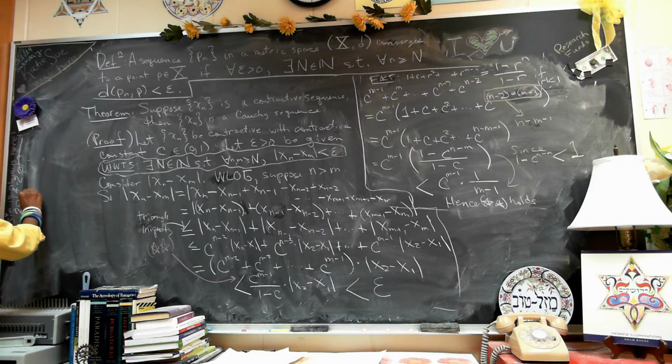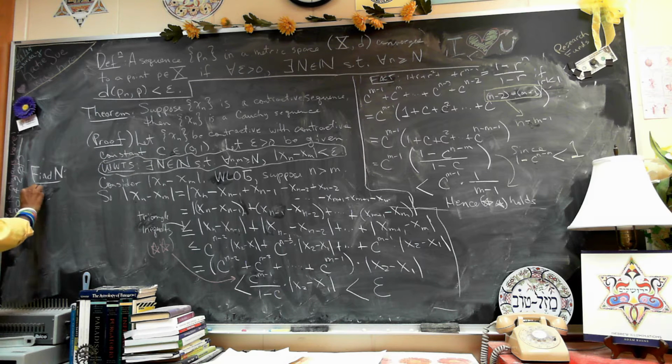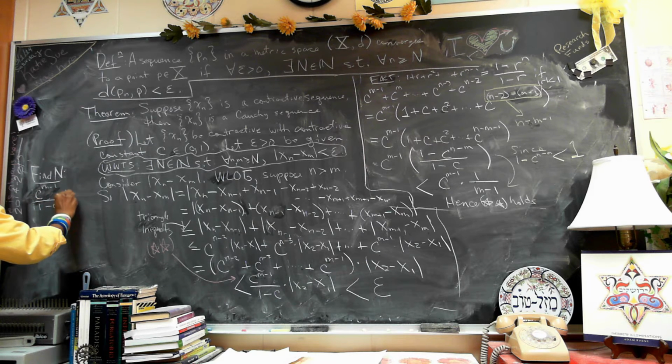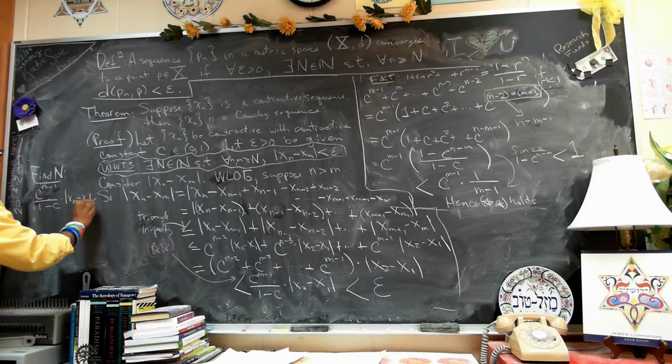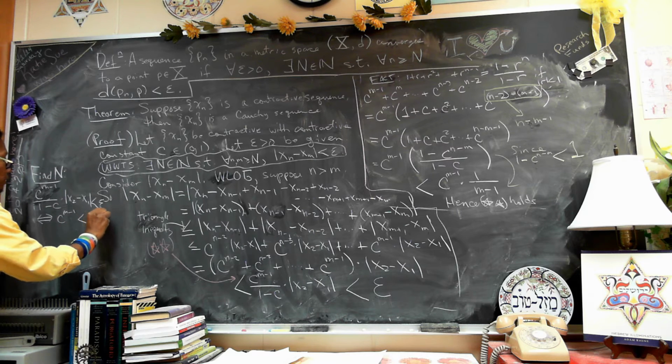So, finding the capital N: c to the m minus 1 over 1 minus c times x sub 2 minus x sub 1 is less than epsilon if and only if c to the m minus 1 is less than epsilon times 1 minus c over x sub 2 minus x sub 1.